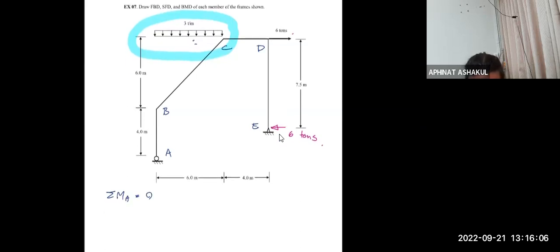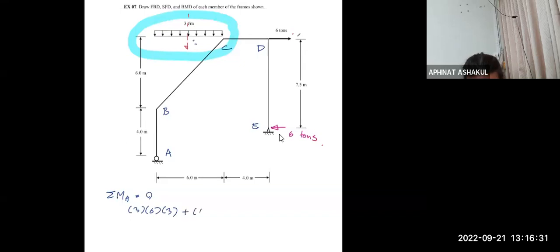So now we have 3 tons per meter multiplied by 6. That's the total load, and you have the resultant coming in here, so that's multiplied by 3. And this is giving you a clockwise moment around A, just like the horizontal load as well.